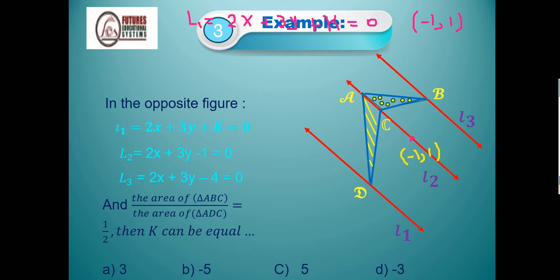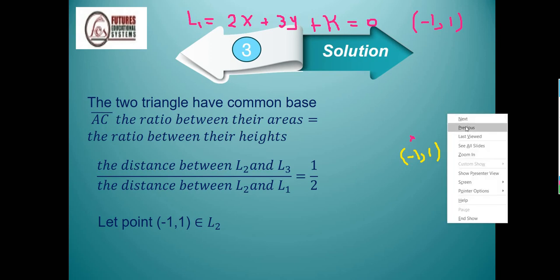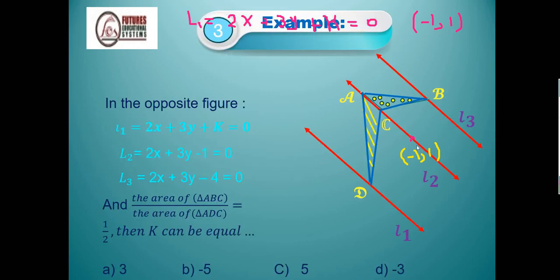Therefore, the perpendicular distance between L2 and L3 equals 3. Therefore, the distance between L2 and L1 equals twice 3, which equals 6.